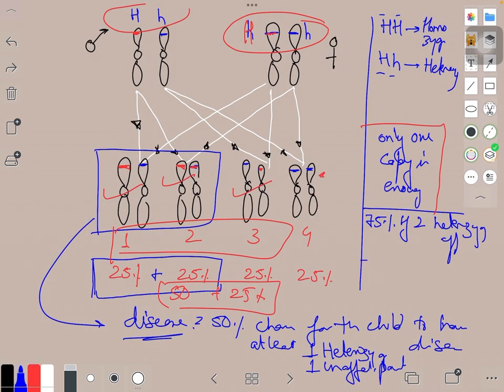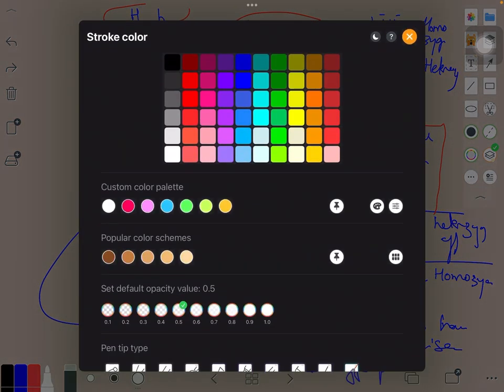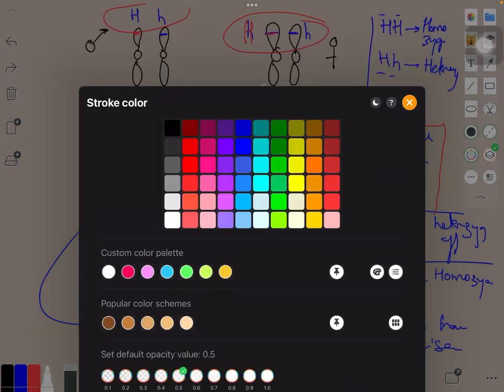And lastly, there will be a 100% chance if one parent is homozygous. So again, let's change the color to green.